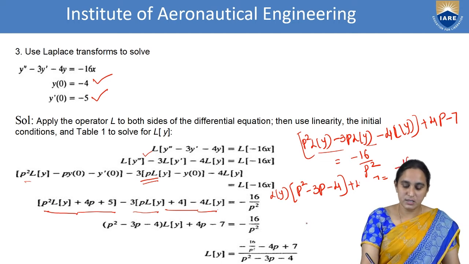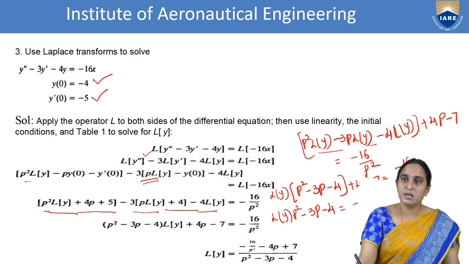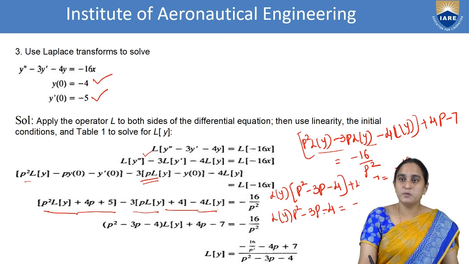From that, the next step: Laplace of y into p square minus 3p minus 4 is equal to minus 16 by p square minus 4p plus 7.